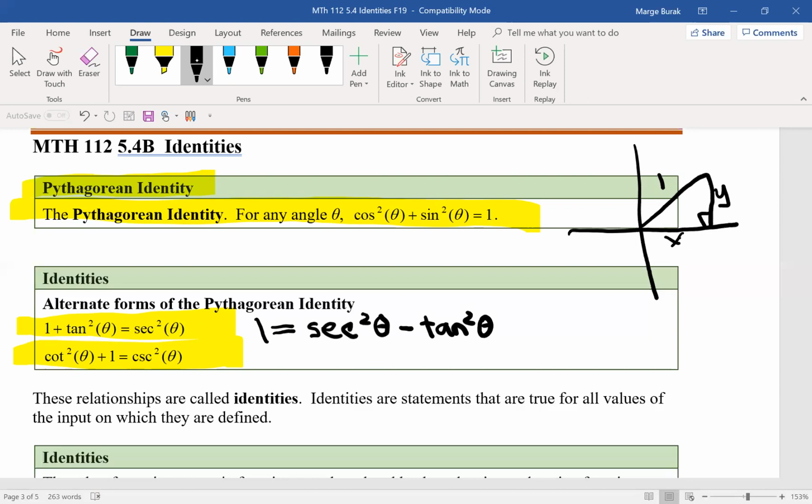So what you need is, for example, up here, we have this one here. I'll also be able to get cosine squared, sine squared.